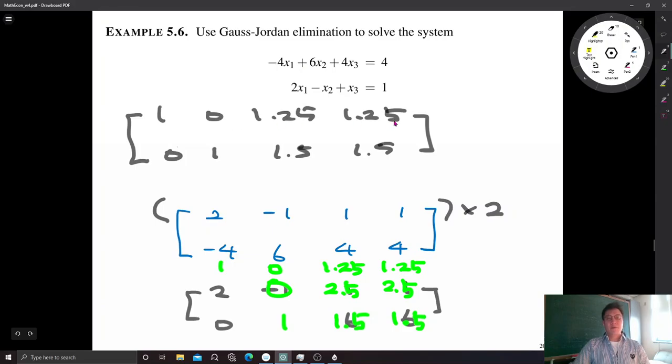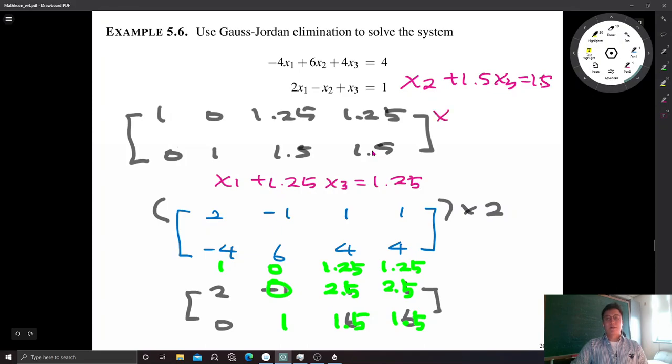So the first row says x1 plus 1.25 x3 equals 1.25. From this, we can deduce x1 is a function of x3. So x1 is 1.25 minus 1.25 x3. And from the second row, x2 plus 1.5 x3 equals 1.5.